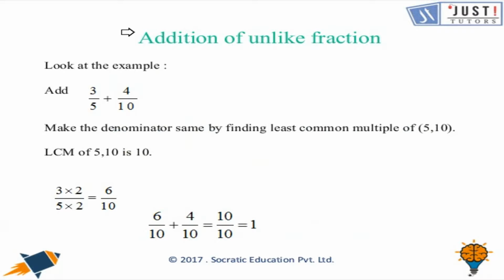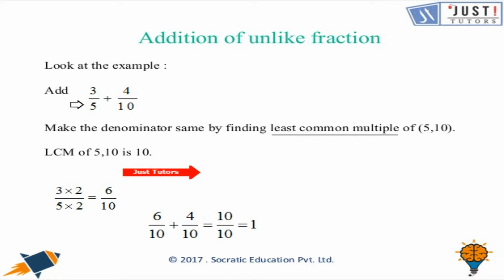Moving ahead, let's learn how to add unlike fractions. So look at the example. 3/5 add 4/10. So how do we do that? Make the denominator the same by finding the least common multiple for 5 and 10. So that would be 10, right? Yes, the LCM of 5 and 10 is 10.